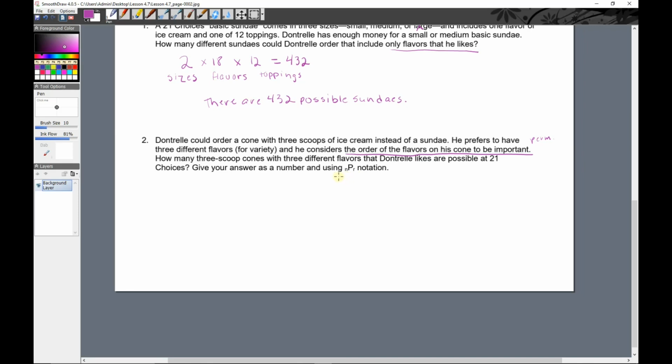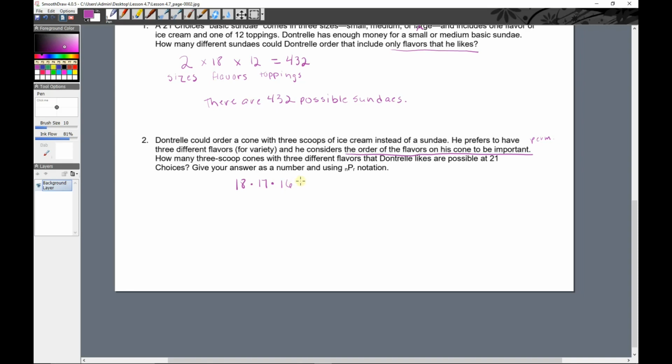Okay, so remember, there's 3 flavors he won't order. So the most he can order are 18 for the first one. And once he's chosen that, since he's doing 3 different flavors, he has 17 left to pick from. And once he's picked those 2, he's got 16 left to pick from.